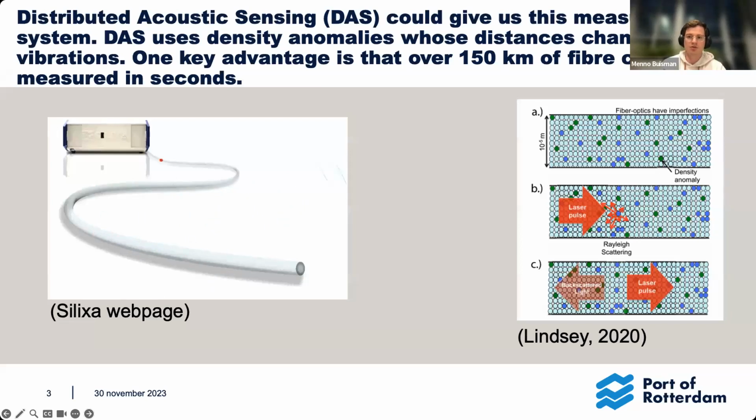Now then, about distributed acoustic sensing, I will keep it short because I assume most people are already familiar with it. We send a laser down an optical fiber and we retrieve a phase change per radiance. And this gives us indications of where the reverberation is, where the disturbance in the fiber is, and we retrieve both phase information and location, and hence we can use it as a quasi geophone or quasi hydrophone.